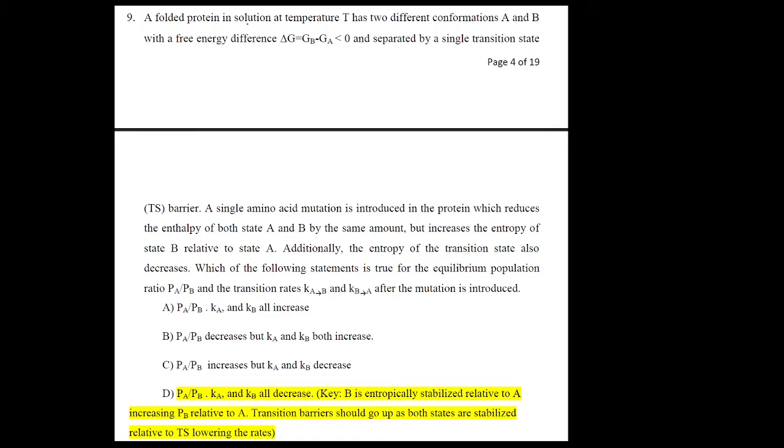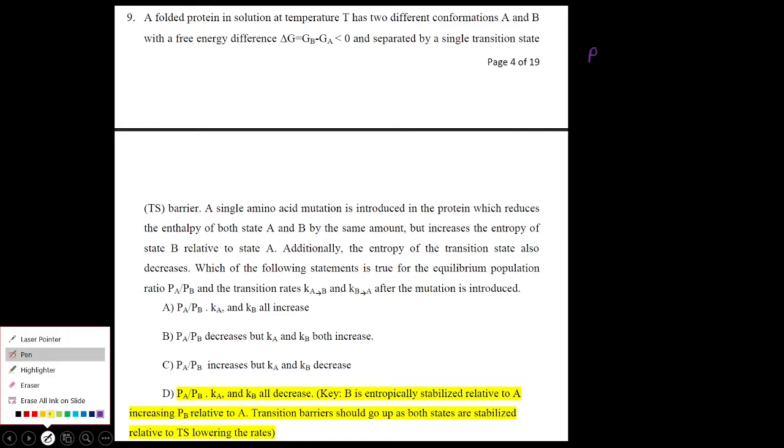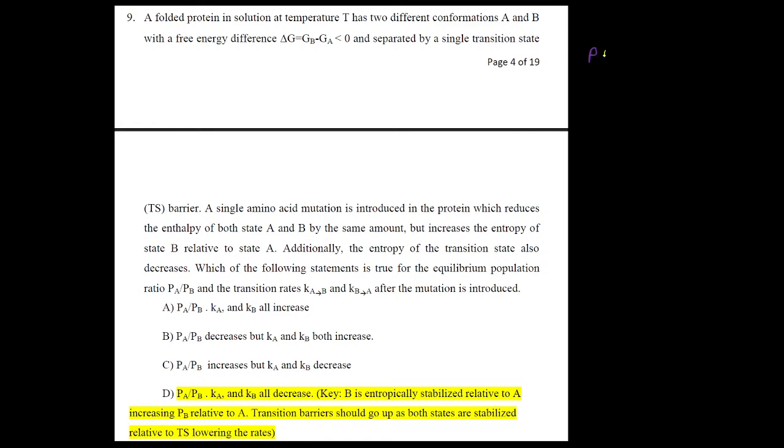A folded protein in a solution at temperature T has two different conformations A and B. So you have a protein, let's say P, and at temperature T, this P has two different conformations A and B, with the free energy difference delta G, which equals Gibbs free energy of B conformation minus Gibbs free energy of A conformation, less than 0.